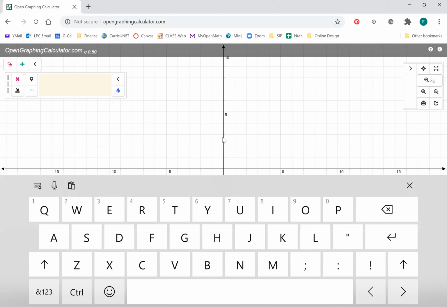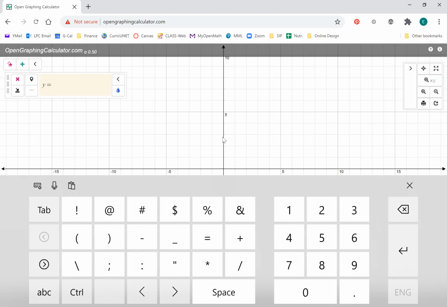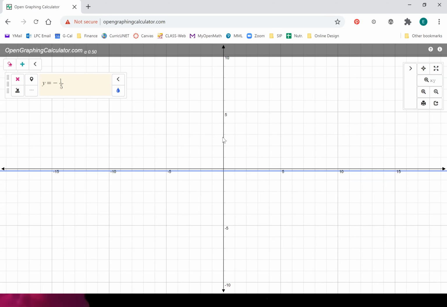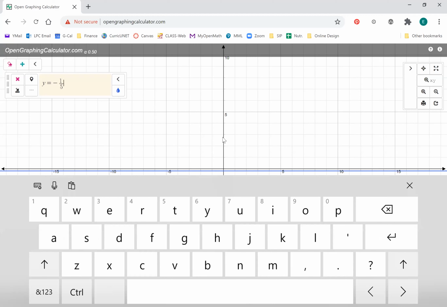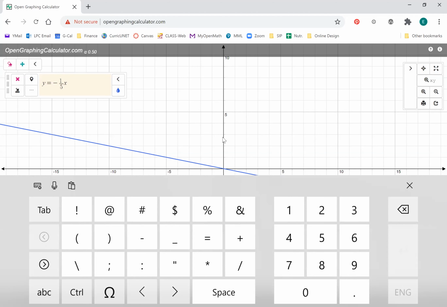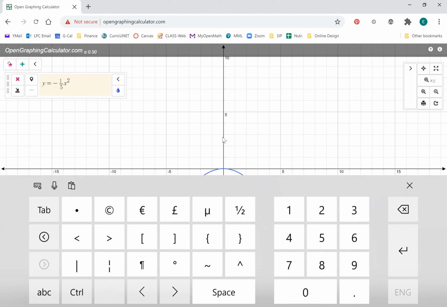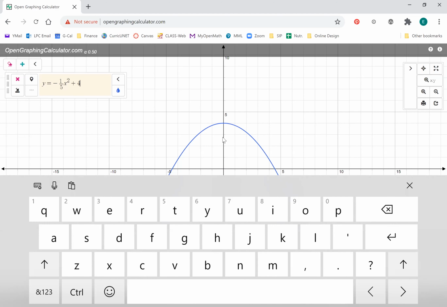All right, so here's opengraphingcalculator.com. And I'm just going to type in some little function for us. I'm going to say y equals -1/5 x squared plus 4x.